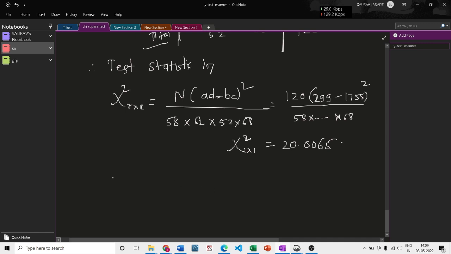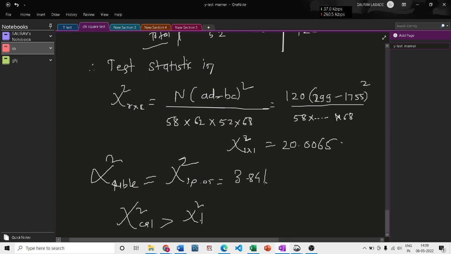So what will the chi-square table value be? This is chi-square 1 at 0.05, and this value is 3.841. You can easily say that my calculated value is greater than my table value. So what can I say then?